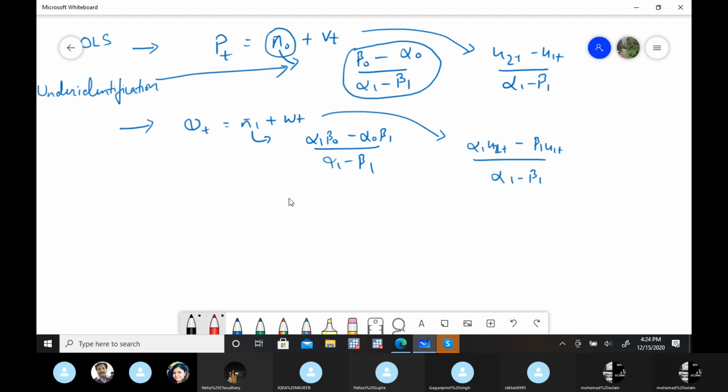Okay, let's take an example of over identification, and then I'll come to those two conditions, or maybe I'll take those two conditions tomorrow.